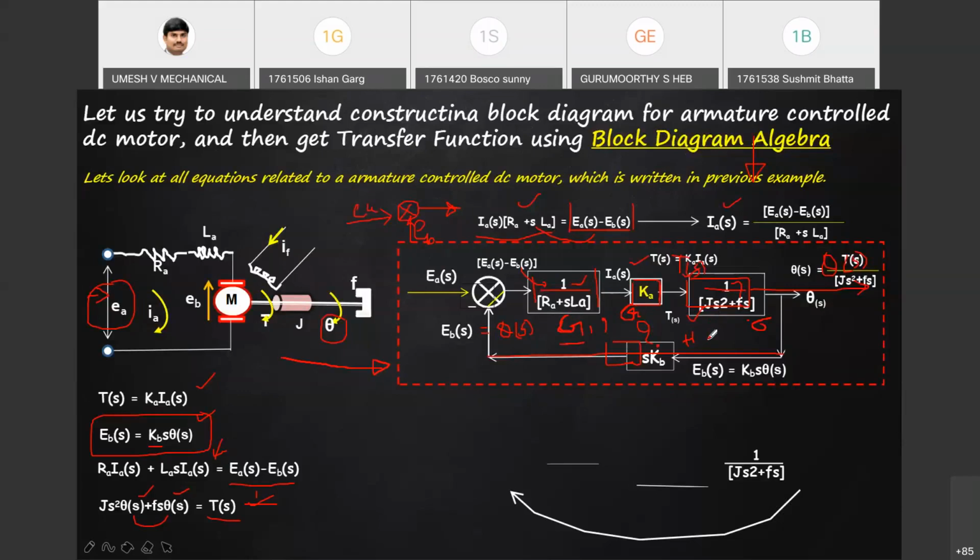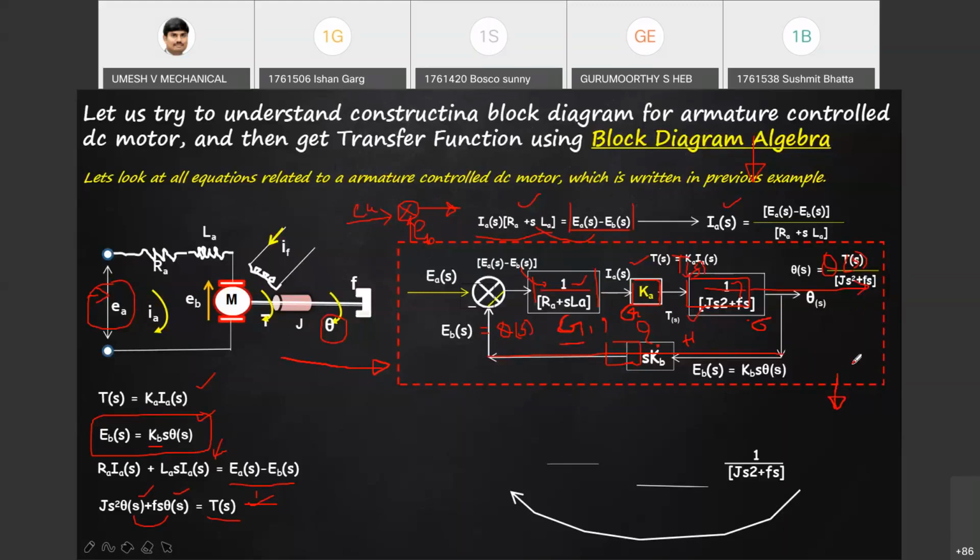After this block diagram, we are looking into the signal flow graph. That is another technique. Entire block diagram can be written in the form of a signal flow graph, SFG. There is a formula proposed by the mathematicians called Mason's gain formula. Using that Mason's gain formula, we can get the transfer function.